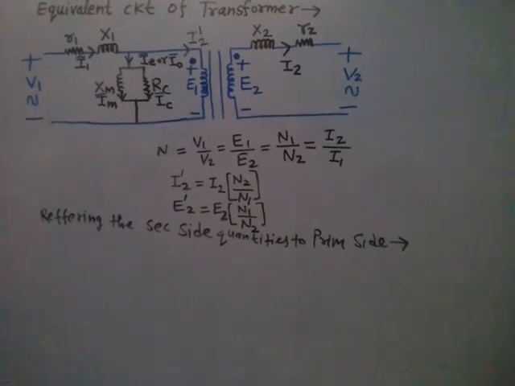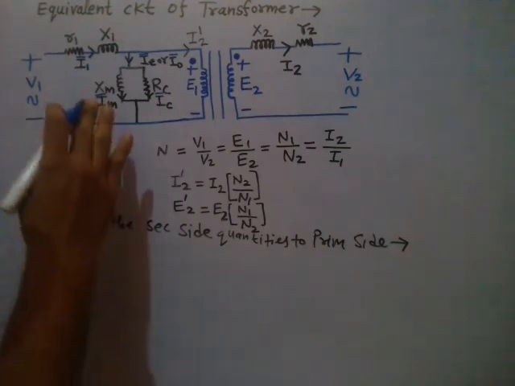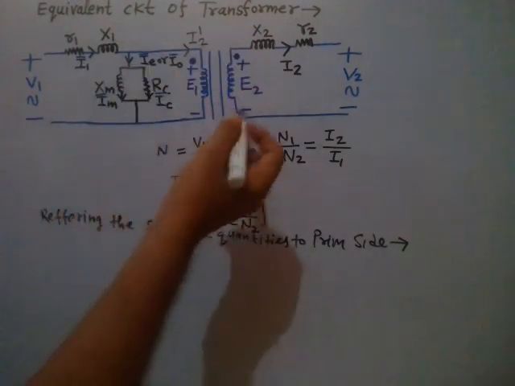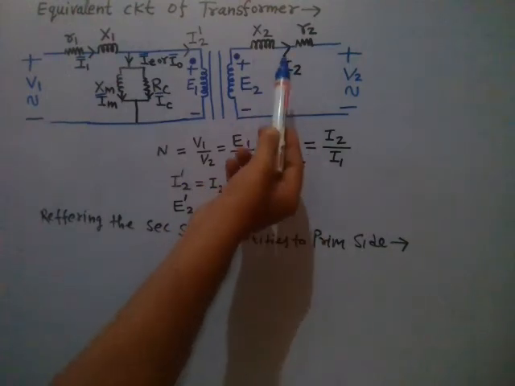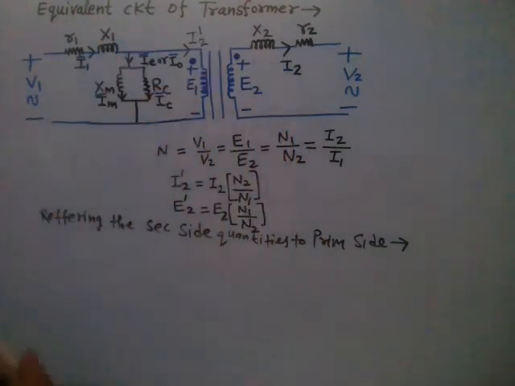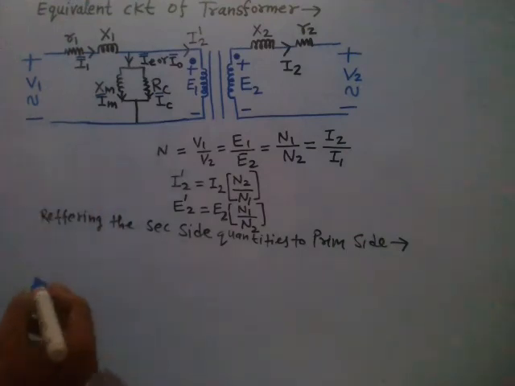For the ease of calculation we are doing this. So just refer the secondary side quantity to the primary side. You can also refer the primary side to the secondary side, but I am preferring the common method, that is to refer the secondary side quantity to the primary side.